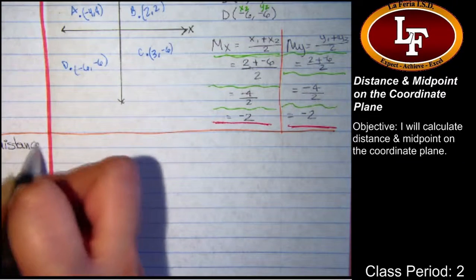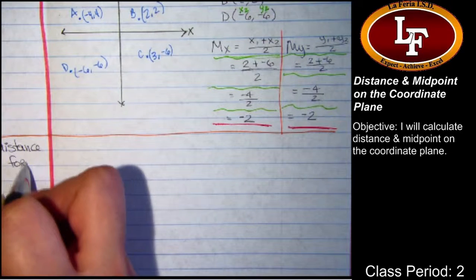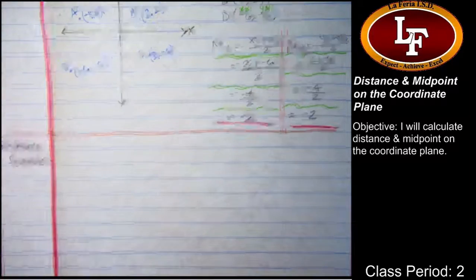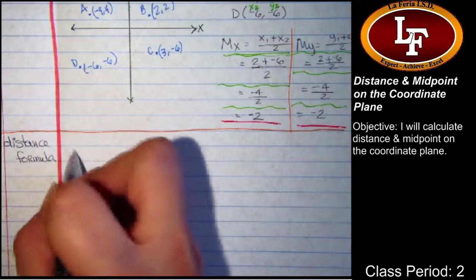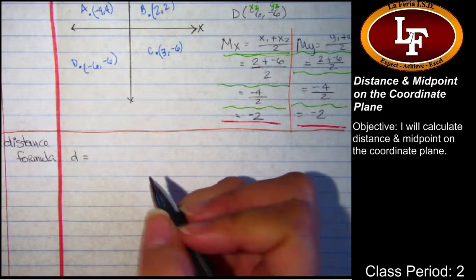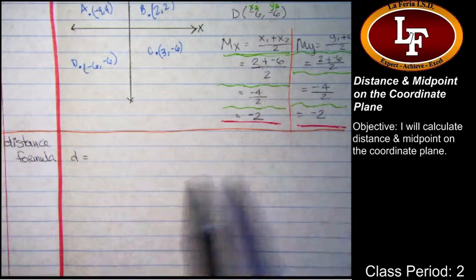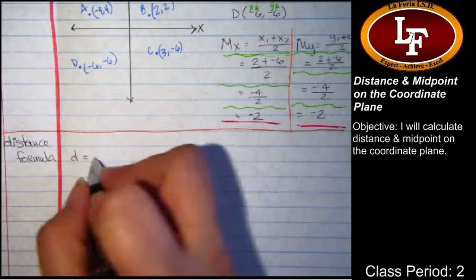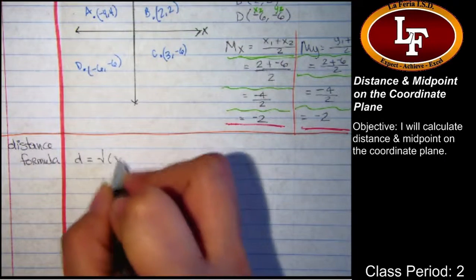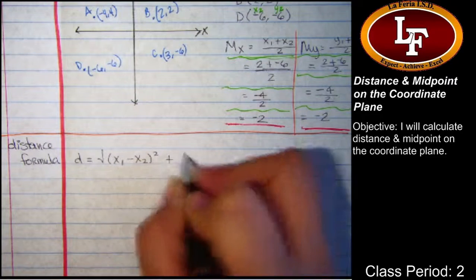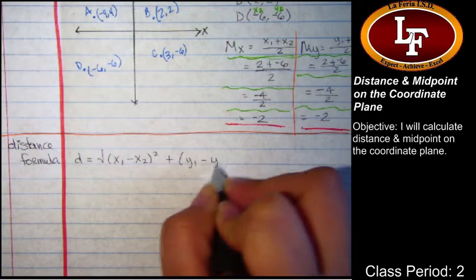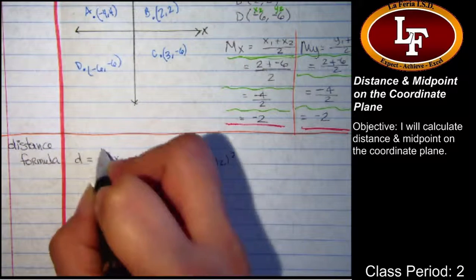Here's the distance formula. And I think we had mentioned the distance formula a little bit. This is the distance formula when you're on that XY coordinate plane. It's kind of long.